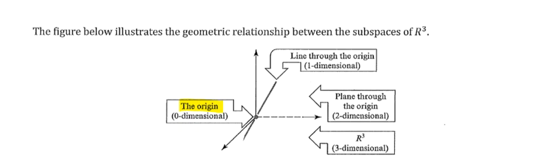By definition of dimension, anything consisting of the zero vector only is going to have dimension 0. And if you take a trip down memory lane with some geometry facts, the origin is a single point, and we know that the dimension of a single point from geometry is 0.